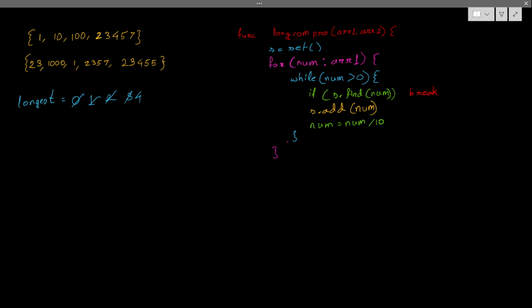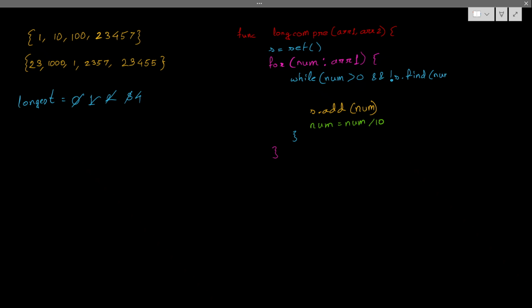So if you wish, now see, here I am checking the condition. Here I am checking the condition. Both conditions I have to check: number is greater than 0, as well as the number shouldn't be present in the set. These two conditions, I can merge in a single case. Is number greater than 0 and is dot find of number not present?